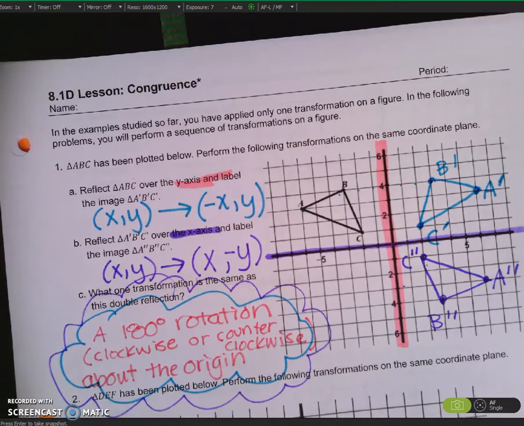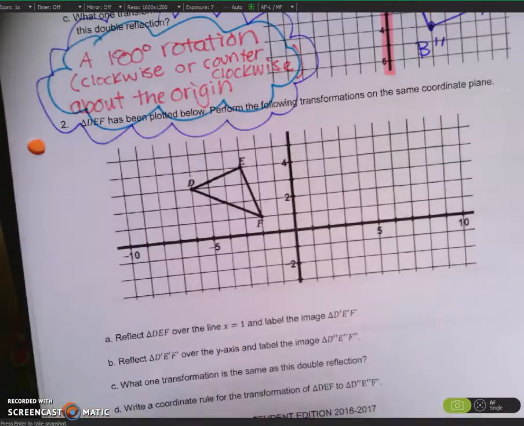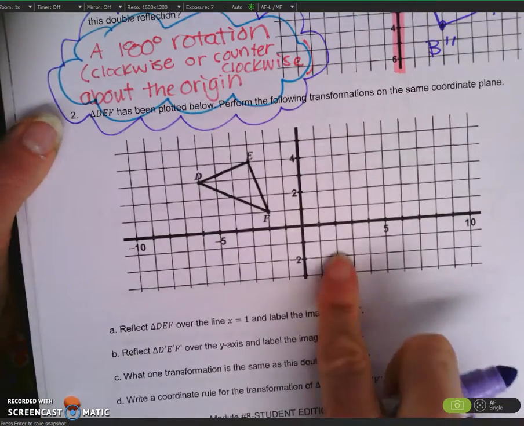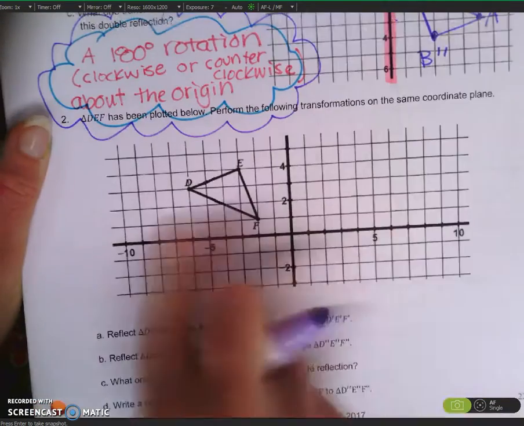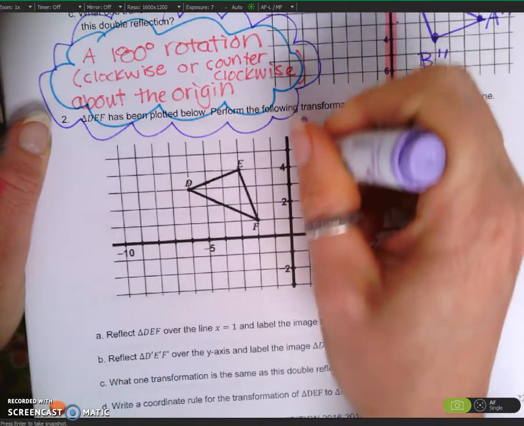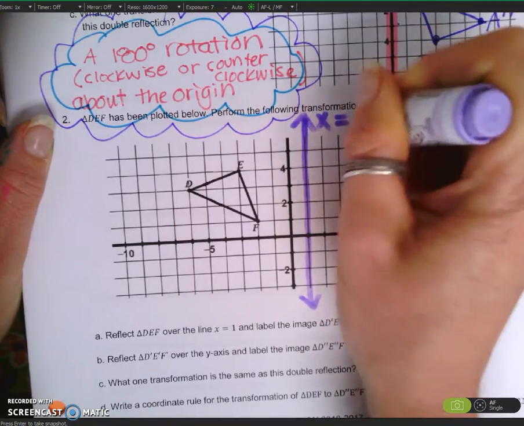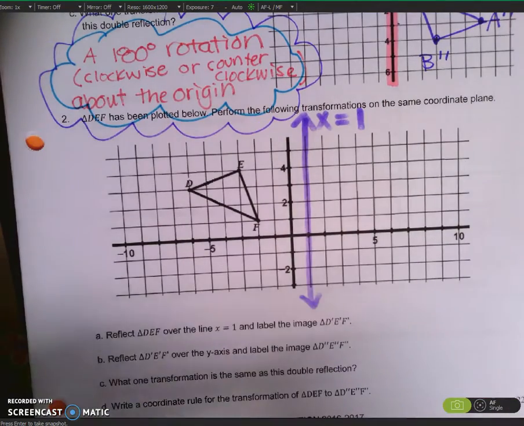So let's do the same thing to number 2. First, we're going to reflect our original pre-image over the line x equals 1. So let's see, x equals 1, is that a vertical line or a horizontal line? If the x value is never changing, that's going to be a vertical line. X equals 1.